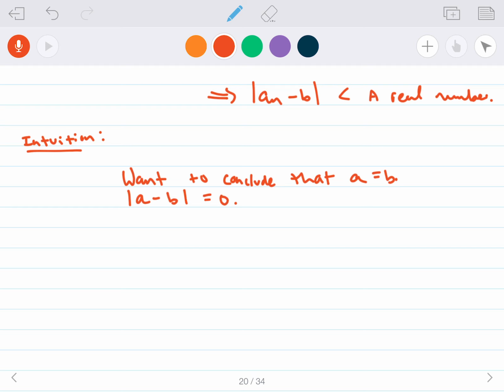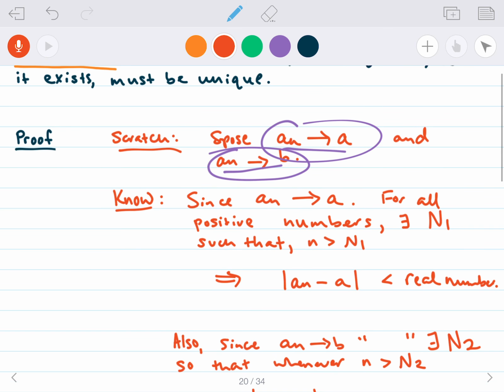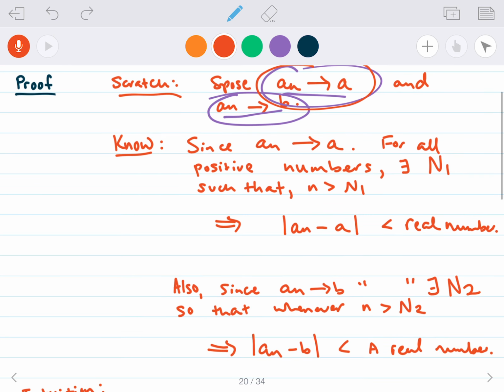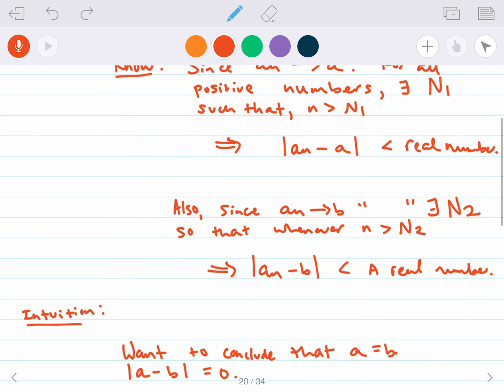Okay, that's what it means for A to equal B. Remember those properties of absolute value? The difference of two numbers is equal to 0. So I want this, and I want to write A minus B in a sneaky way to involve my sequence, right? I'm trying to involve things that I have.